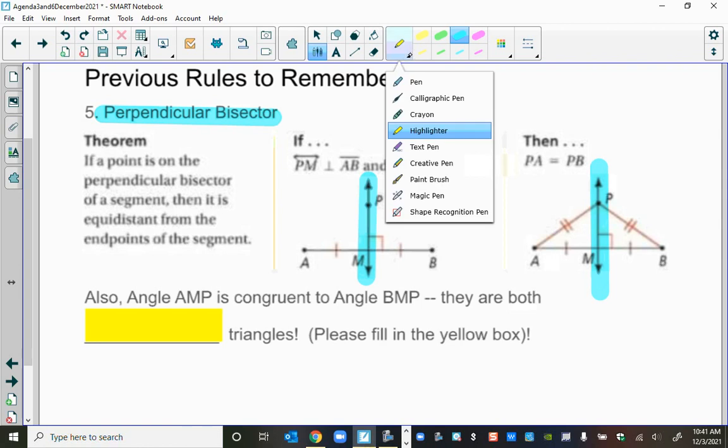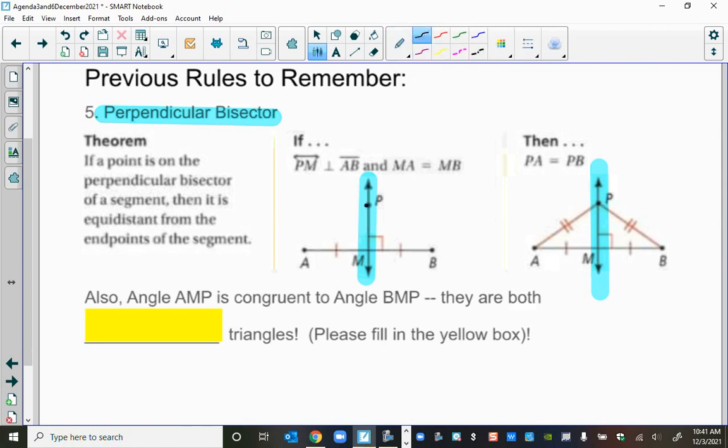That's the way to think about it. Because in the end, once you set up your mirror, perpendicular bisector, both of these triangles are going to be right triangles because you got a right angle.